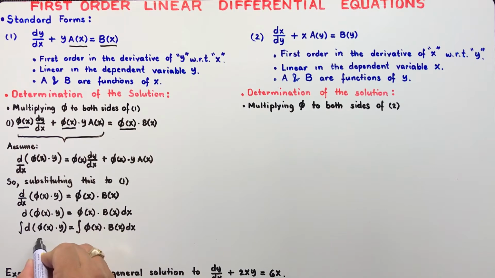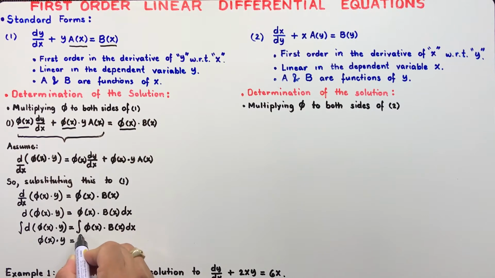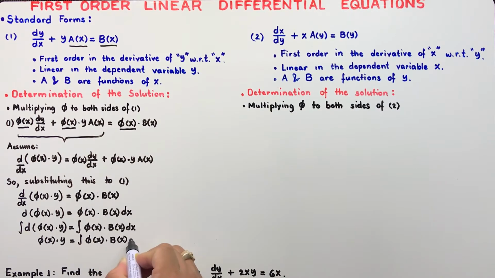So what will remain is phi of x times y, which is equal to the integral of phi of x times b of x dx, plus the constant of integration c. So solving for y, we need to divide both sides of the equation by phi of x.